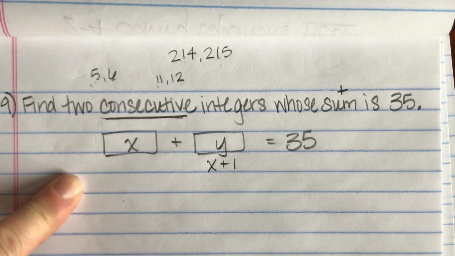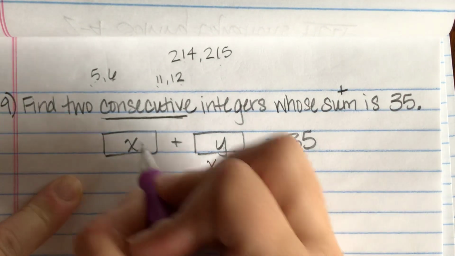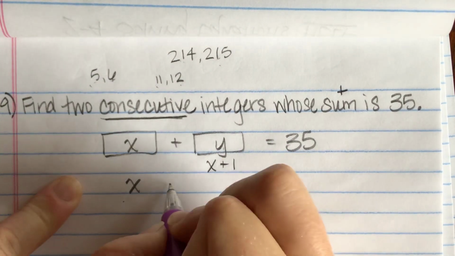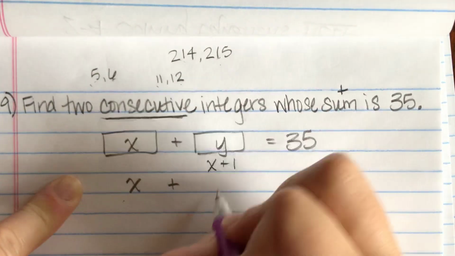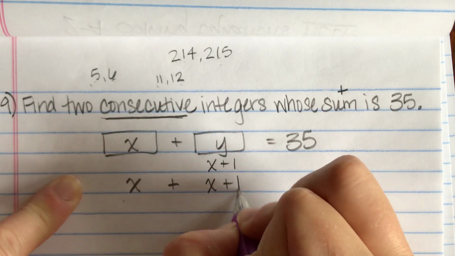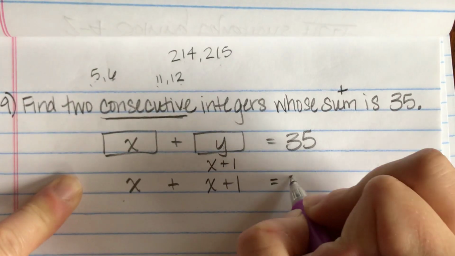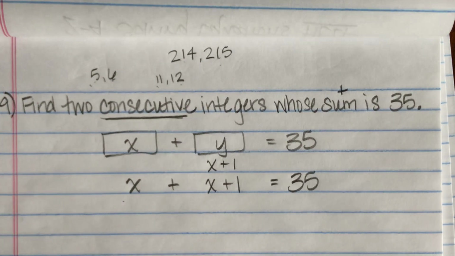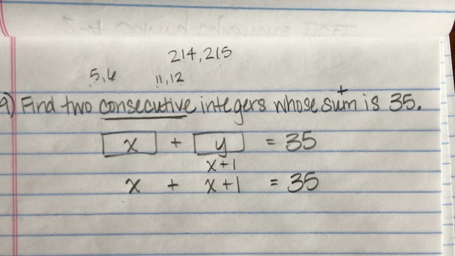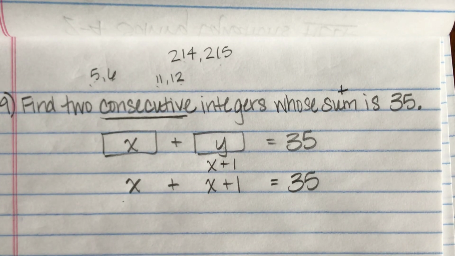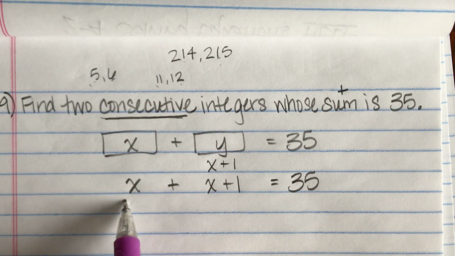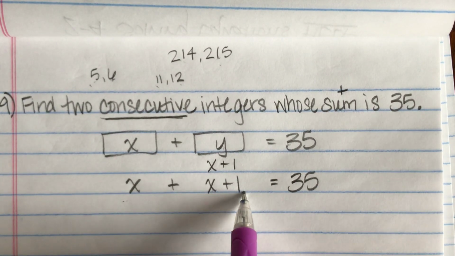So I'm going to rewrite this whole problem, and I'm going to say, instead of two different letters, the first number plus the second number is always the previous number plus 1 equals 35. It's kind of a really advanced thing and thinking happening there, but it kind of makes sense if you think about it. Some mystery number and then a mystery number plus one more.